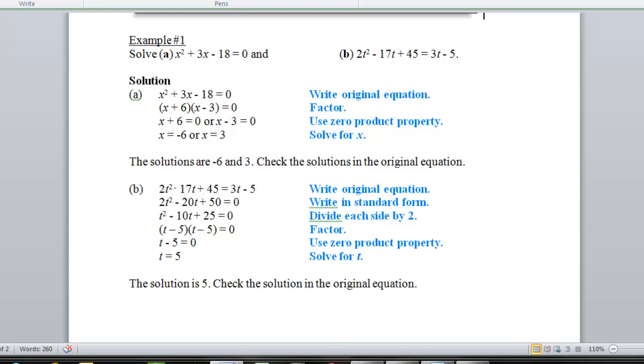If you look at part B, the first thing we have to do is make it equal to 0. One of the things you may notice in the second step is that they have a common factor. The difference between factoring and solving using factoring is that we can actually divide that common factor out.